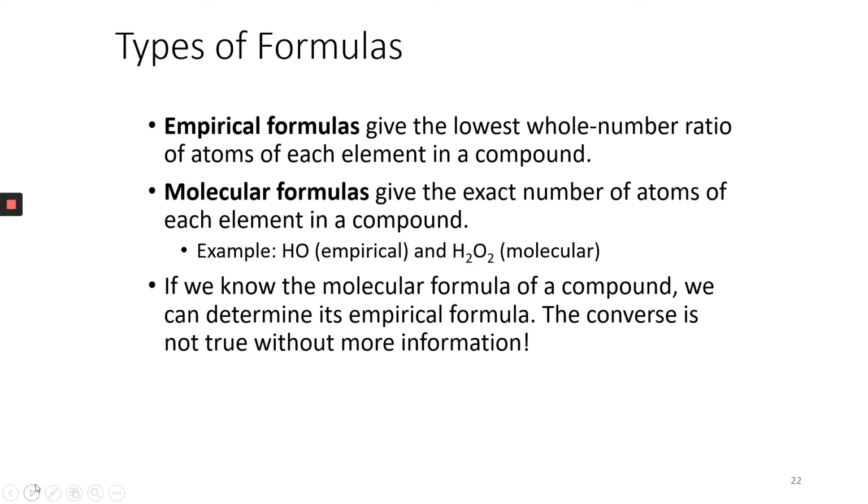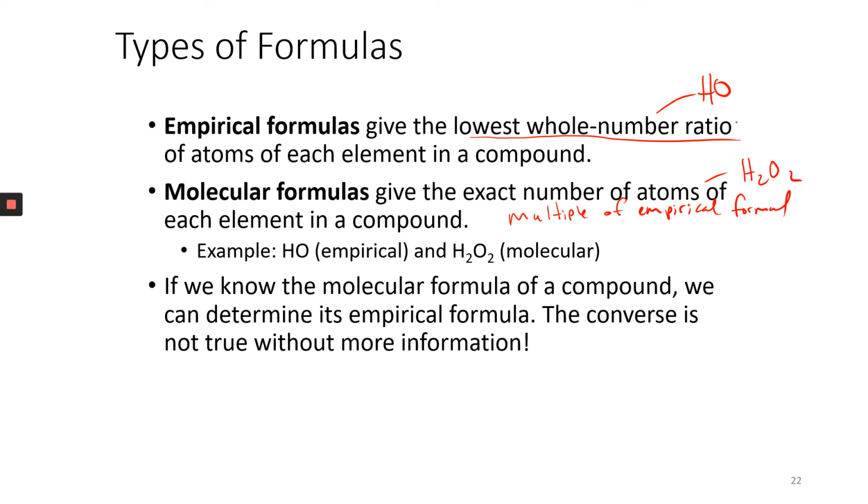So there are 2 types of formulas. You have your empirical formula, which is your lowest whole number ratio, so you can't simplify it. Then you have something called a molecular formula, which is a multiple of your empirical formula. So an example I have here, your empirical formula would be HO, and then your molecular formula would be H2O2.